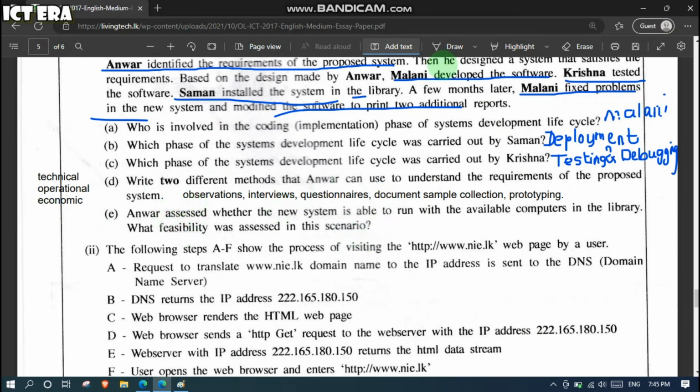So in here Anwar assesses whether the new system is able to run with the available computers. So available computers, therefore it should be technical. That means Anwar is studying the hardware and the software for the new system.